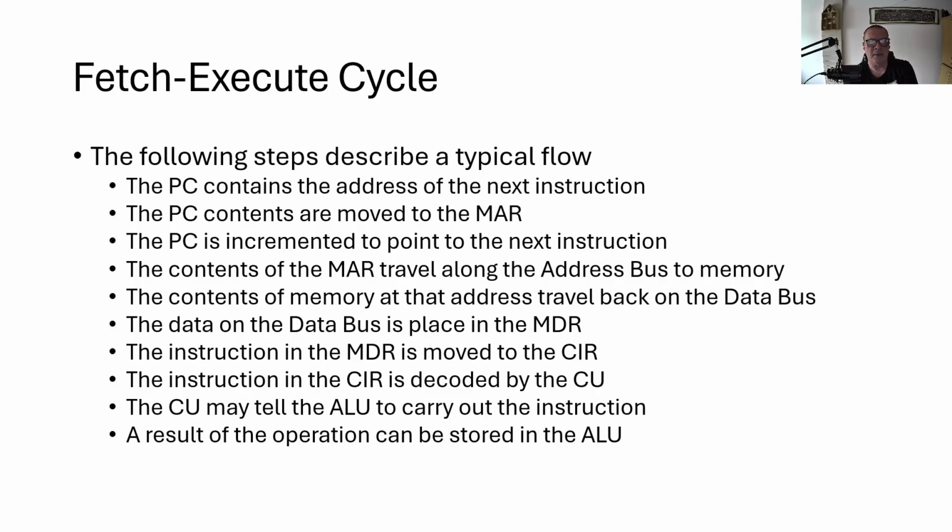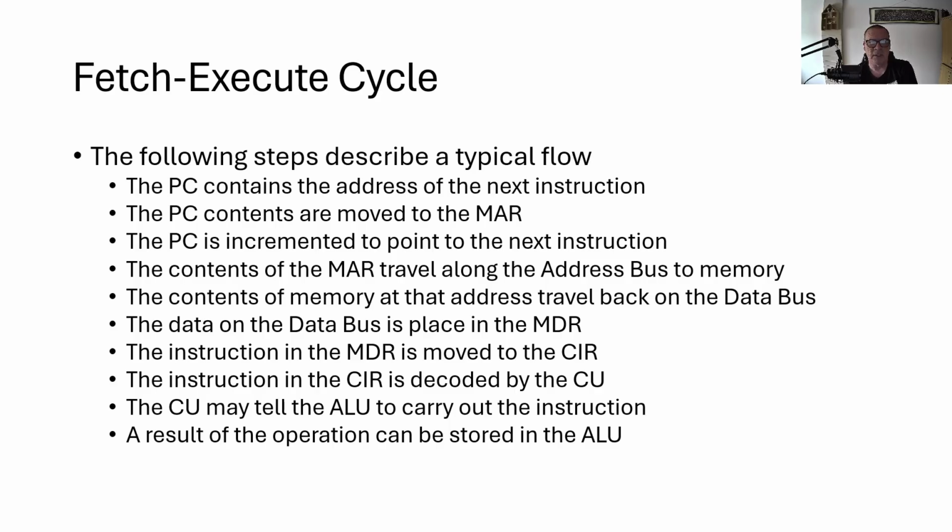So we need to get that and put it in the MAR, because the MAR contains the address of anything that we want to get from memory. Immediately, or at the same time potentially, the program counter can be incremented to indicate the next instruction in memory. So it's ready already. As soon as we've fetched one, we can indicate where the next one is going to come from.